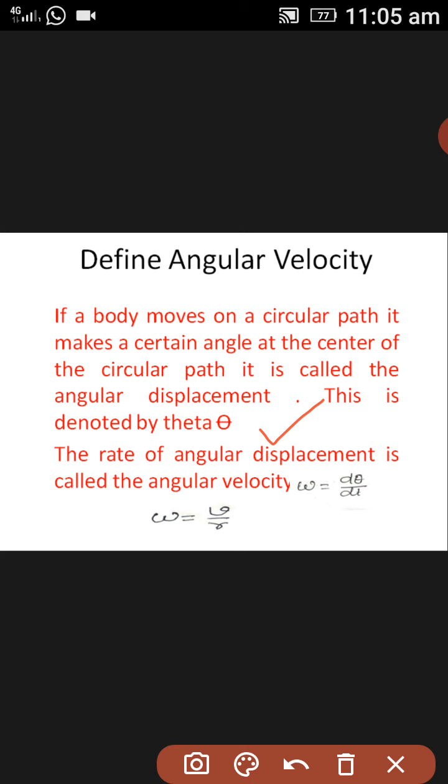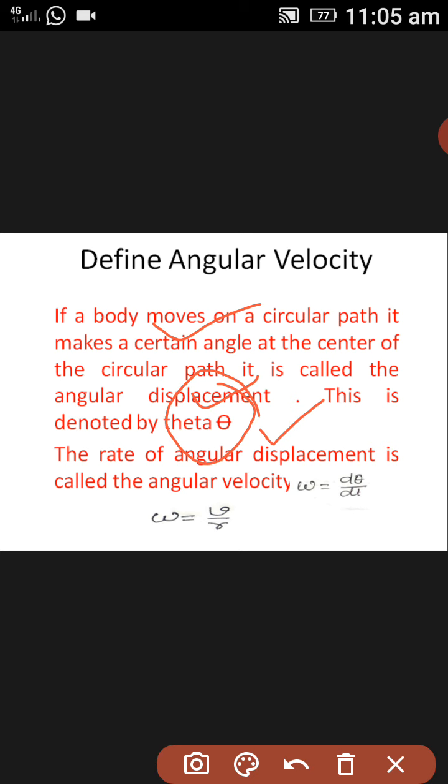If we take direction, then it will be displacement, and if we do not consider the direction, then it will be distance. Here, when a body moves on a circular path, it makes a certain angle at the center of the circular path, and this angular displacement is denoted by theta.